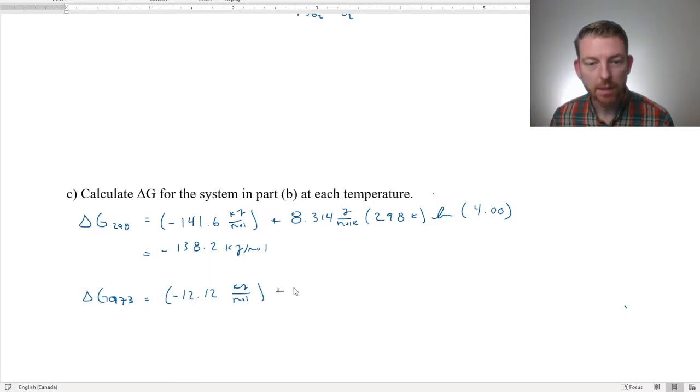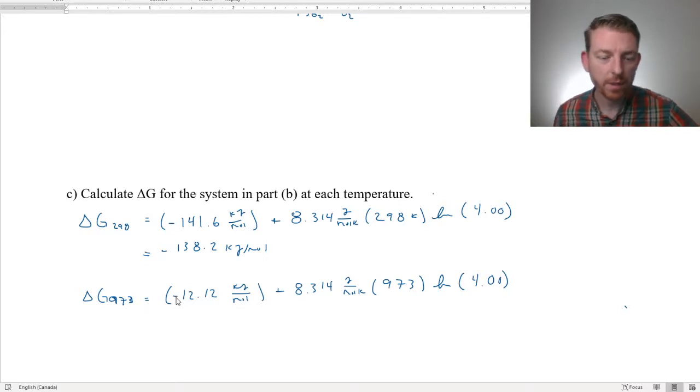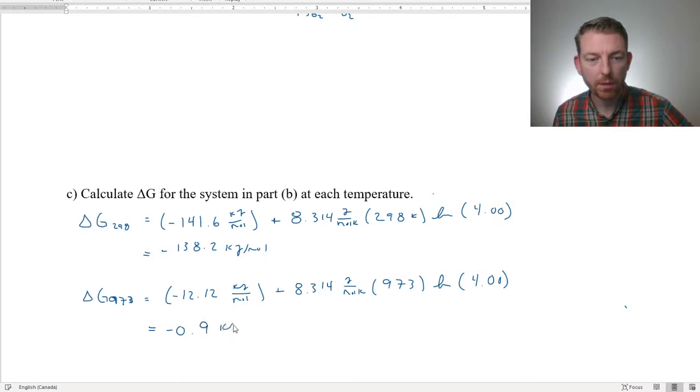And okay, still the same gas constant, 8.314 joules per mole Kelvin at 973. And ln is the same Q, so we still have 4.00. Okay, so negative 12,120 plus this term at the back gives us a grand total of negative 0.9 kilojoules per mole.